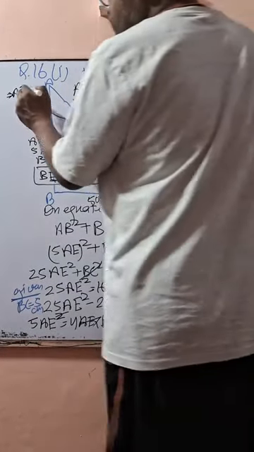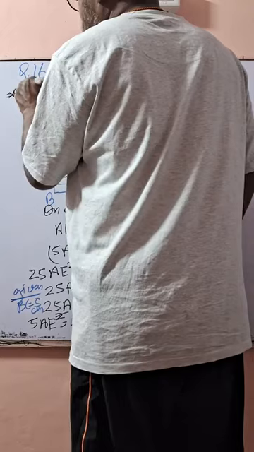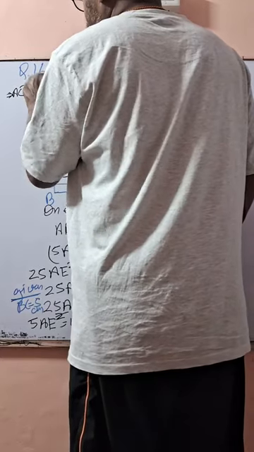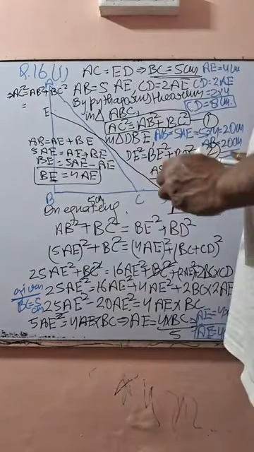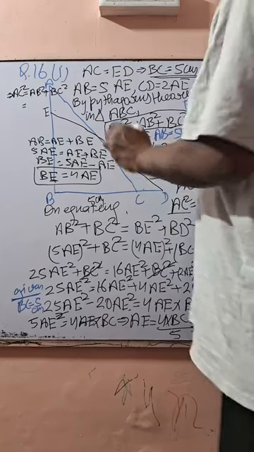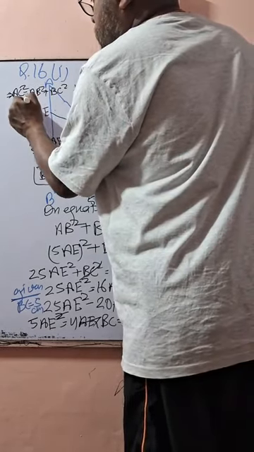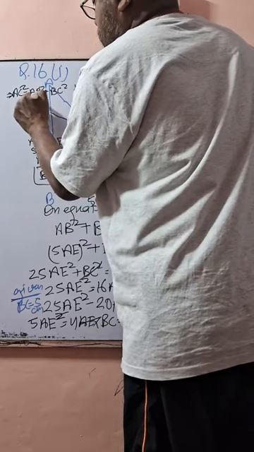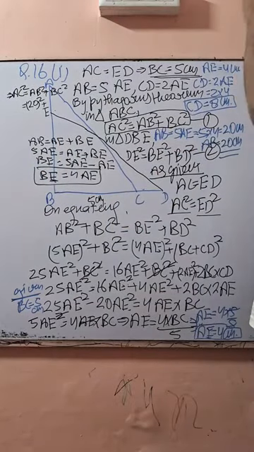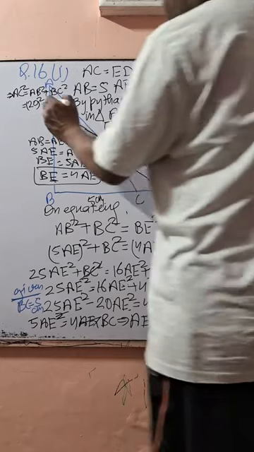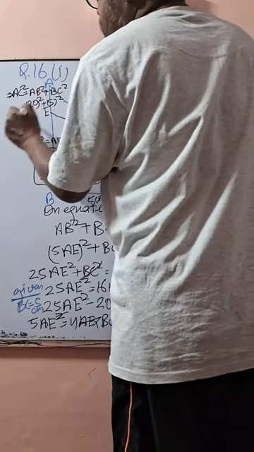AC square is equal to AB square plus BC square. So AB is 20 square plus BC is 5 square.